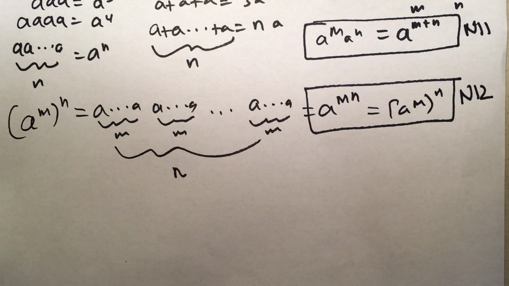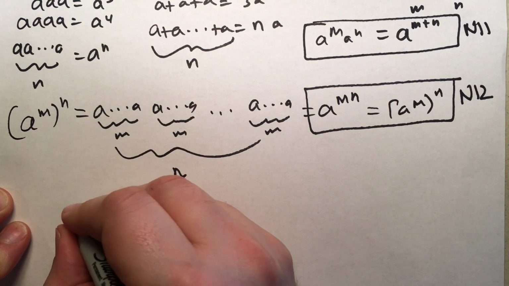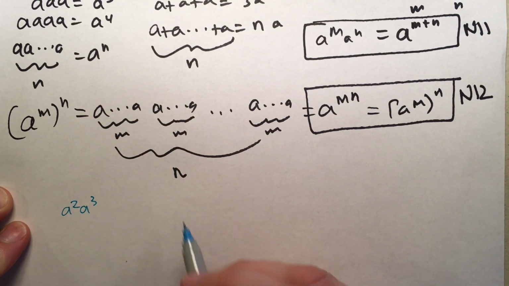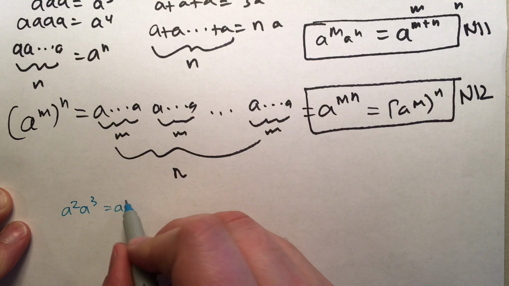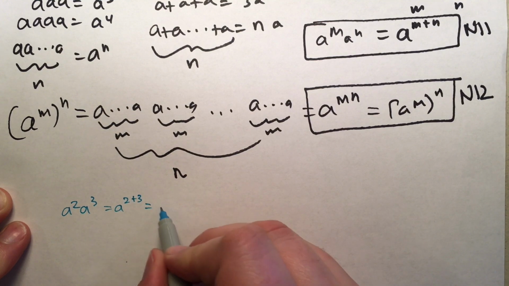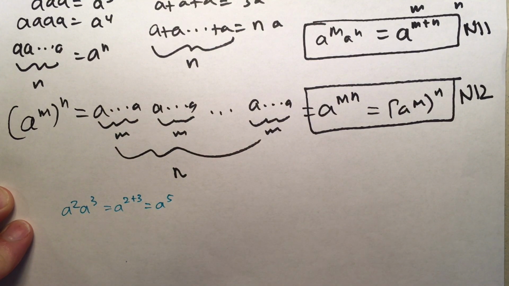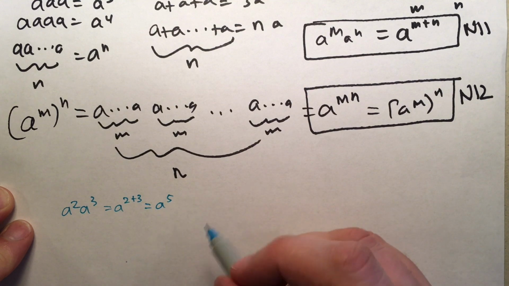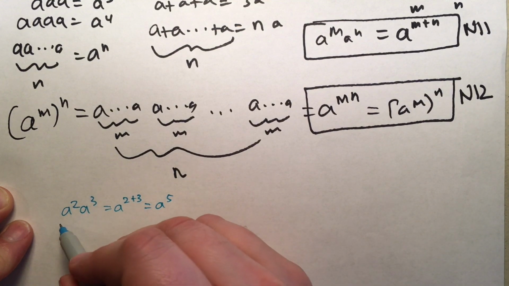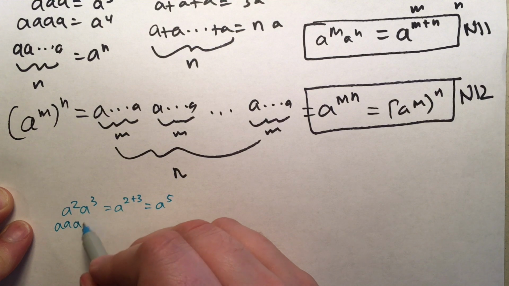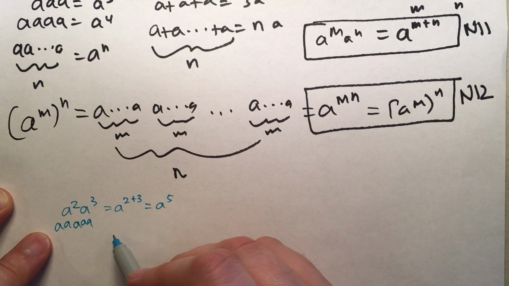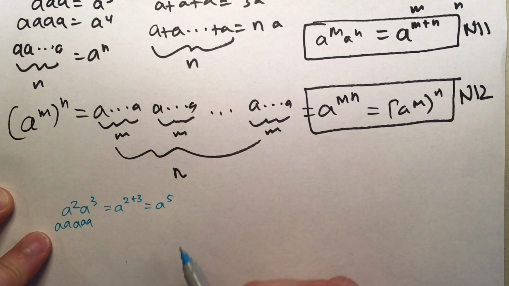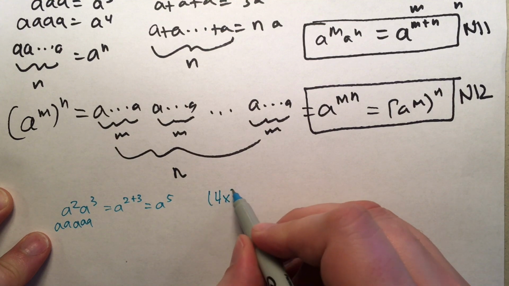All right, so examples. Let's say we had a squared times a cubed. What would that be equal to? That's just a to the 2 plus 3, or a to the 5th power. Let's see why. So a squared means you have a times a, and a cubed means you have that 3 times. So you have a total of 5 times. What if you had quantity 4x, squared?